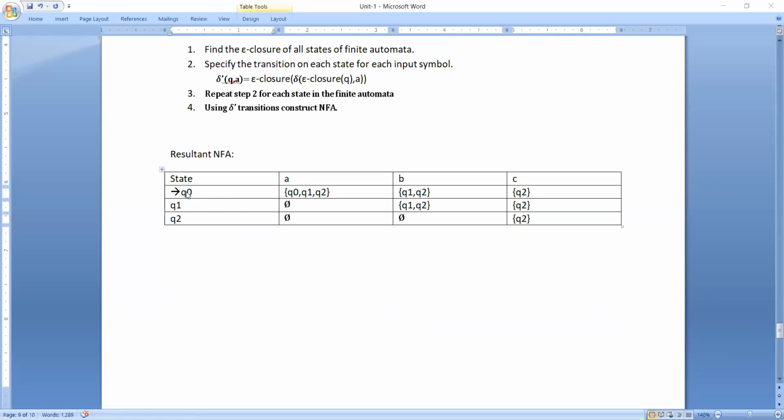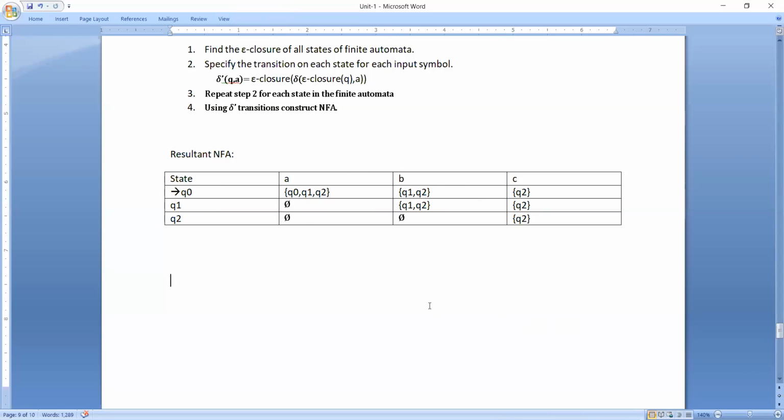Now you have identified the states to be part of your NFA, the transitions for your NFA, and the initial state also. Everything you have identified. The only thing left is the final states. So how do you identify the final states? Let me write.